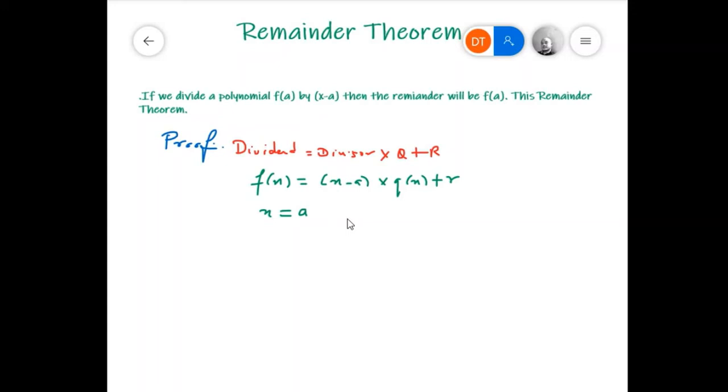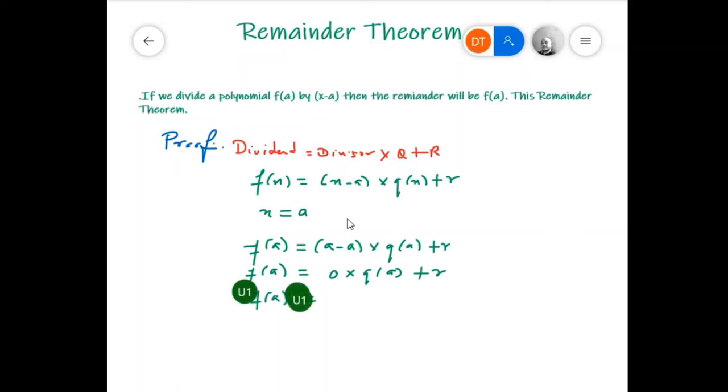Therefore f of a equals, substituting the value of x, a minus a into q of a plus r. a minus a becomes 0, and 0 into q of a is 0, plus r.